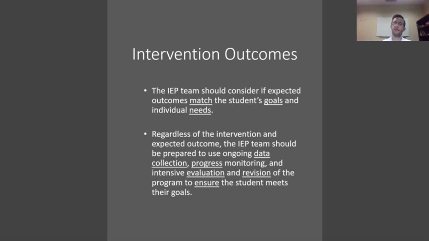To the extent that they're similar, your student is more likely to respond positively to the intervention. That is, by taking that step in the evidence-based practice of ABA, you're ensuring that expected outcomes match the student's goals and individual needs. That is, the expected outcomes of the intervention that are being proposed.